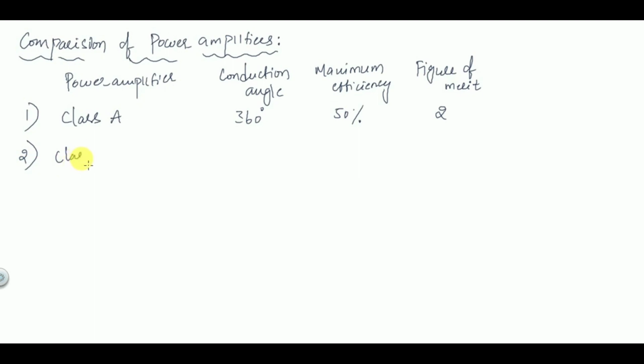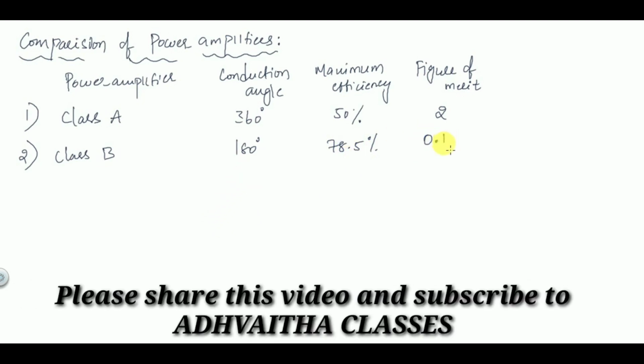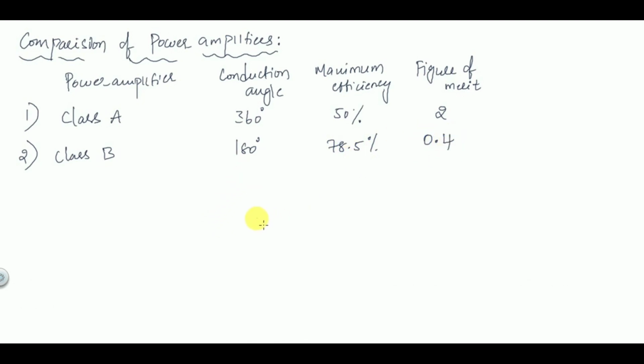Second is the class B power amplifier, where the conduction angle is 180 degrees, the maximum efficiency is 78.5%, and the figure of merit is 0.4.